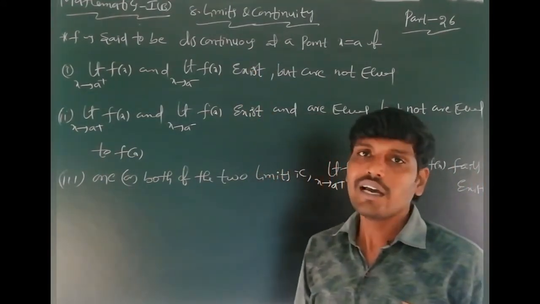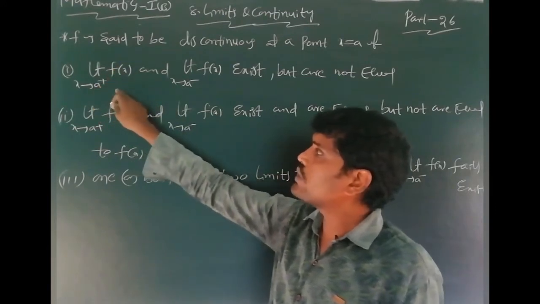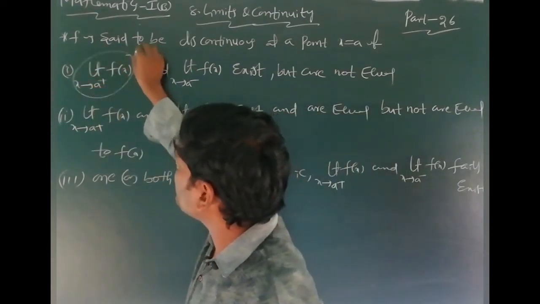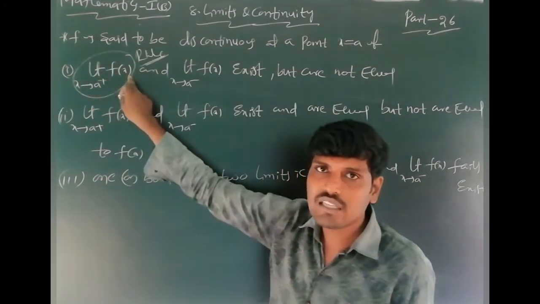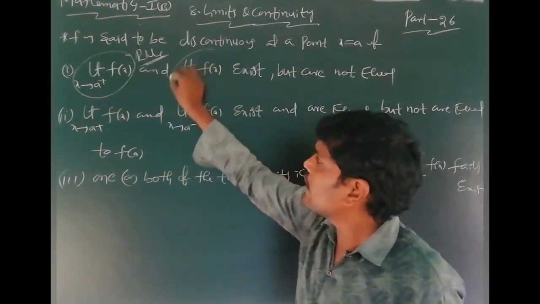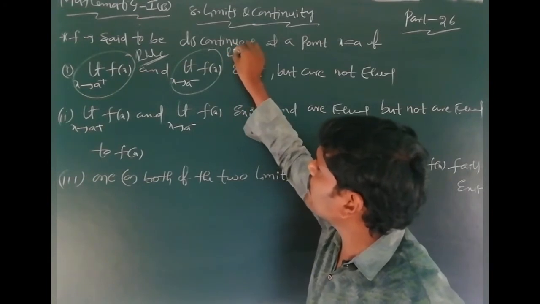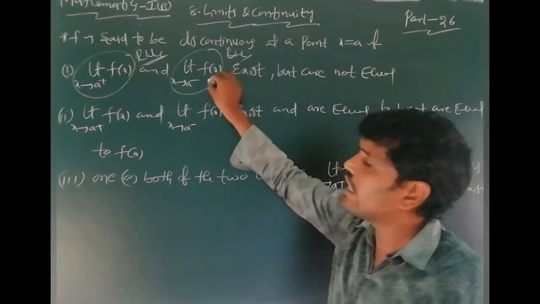First one is what? Here, limit x tends to A plus f of x. This is which limit? Right hand limit. Limit x tends to A plus f of x is the right hand limit, and limit x tends to A minus f of x is the left hand limit.